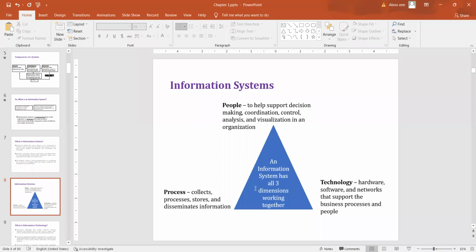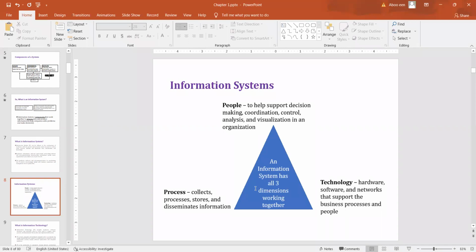An information system has all three dimensions working together. So the components can be grouped into three dimensions. The first dimension is people, the second one is process, the third one is technology. Technology refers to hardware, software, and other network related aspects.